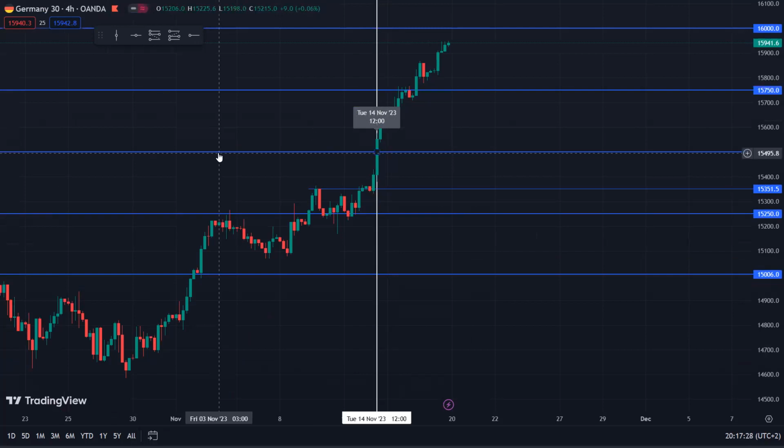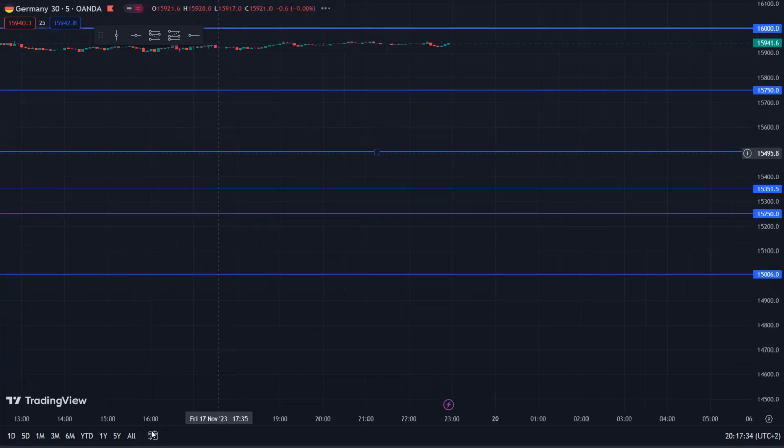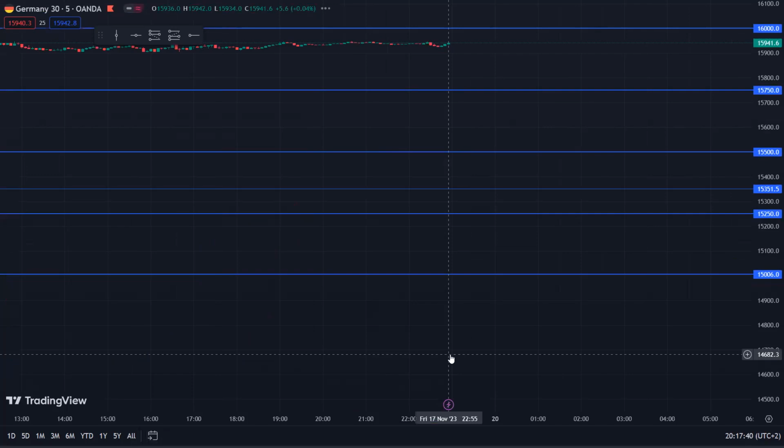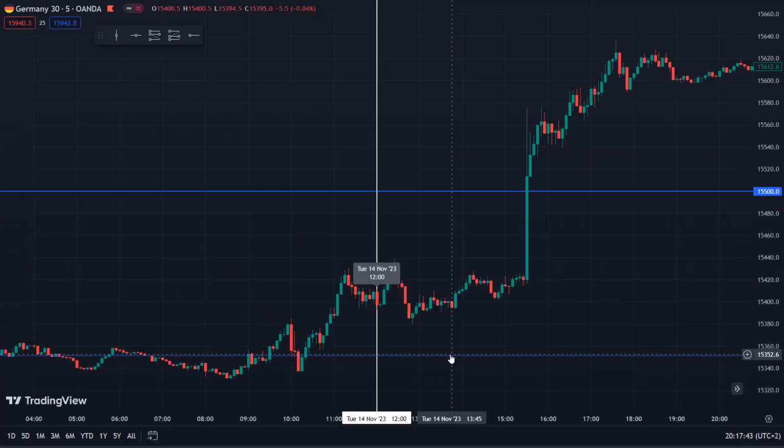So I'll try 5 minutes, which is our entry time frame. You click on it, say go to, and it goes exactly where you want it to go.